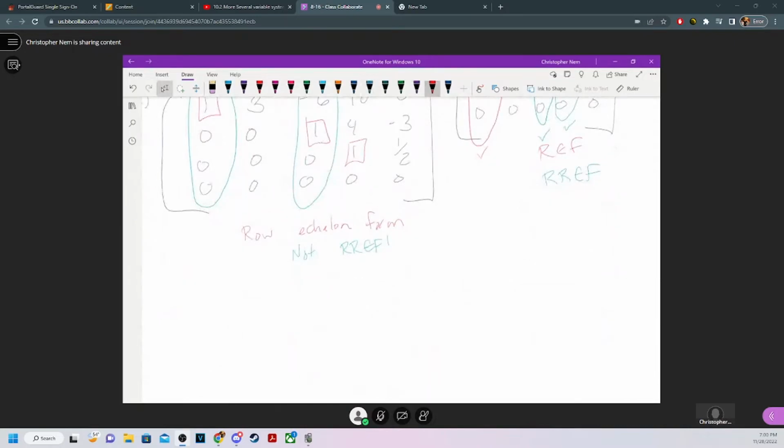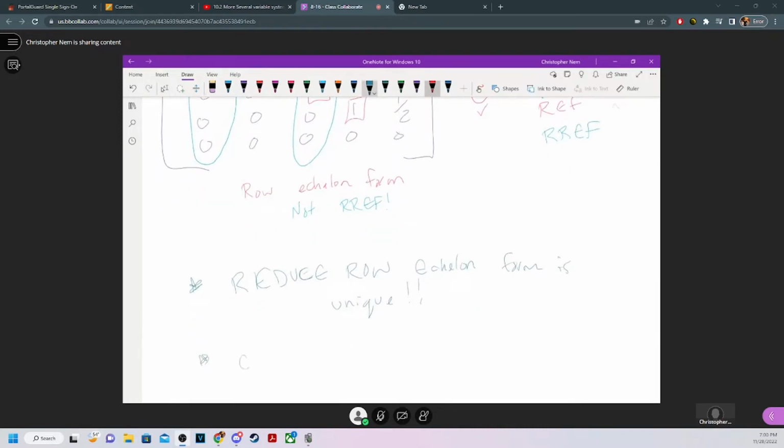Well, reduced row echelon form is unique. Echelon form or row echelon form is not unique.